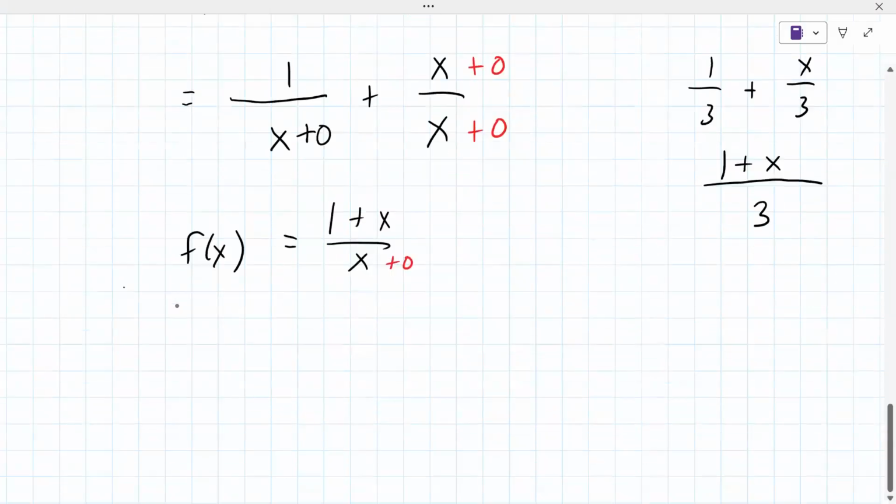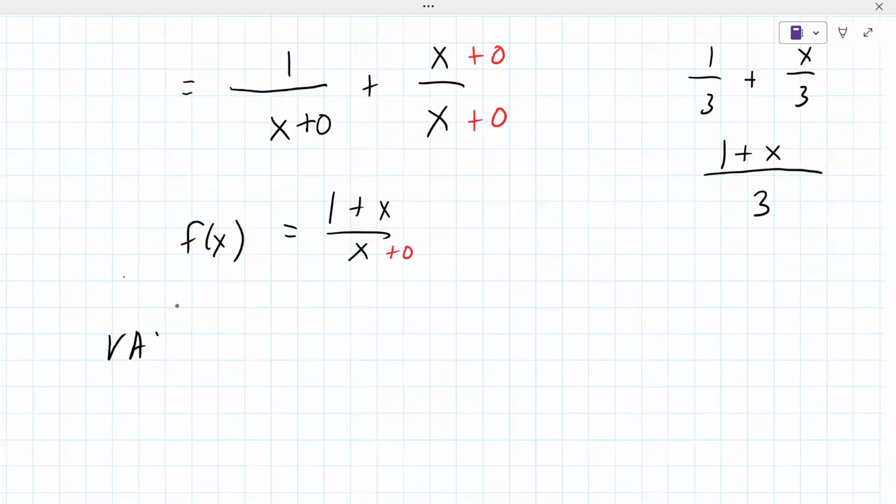You now have to find the vertical asymptote. This is where it's better if you learn the rules. What did we say you do to find the vertical asymptote? What I do is I look at the last number.